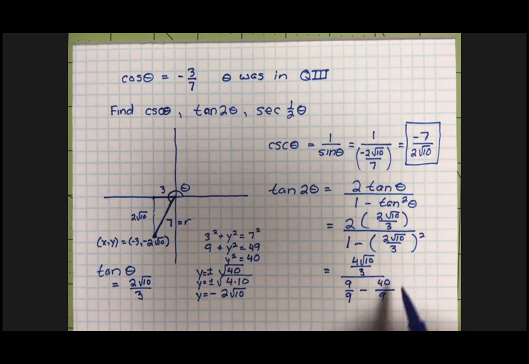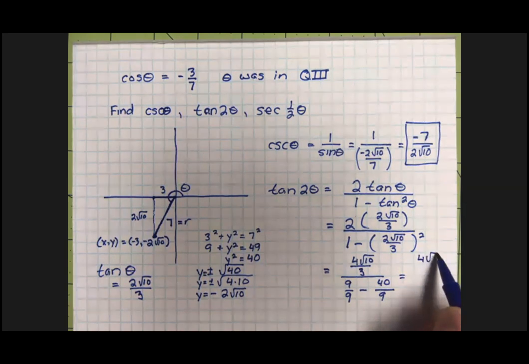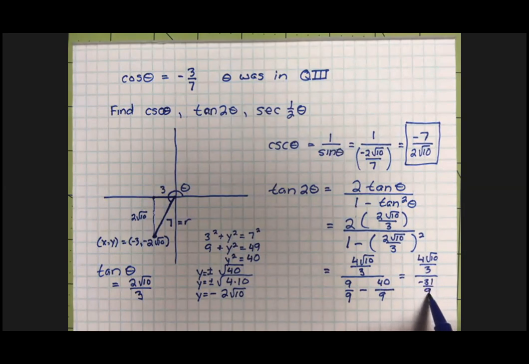So what does this turn into? It's not hard to track if you just do everything one step at a time. Minus 31 over 9 is on the bottom. And so you invert and multiply again. 4 root 10 over 3 times minus 9 over 31.